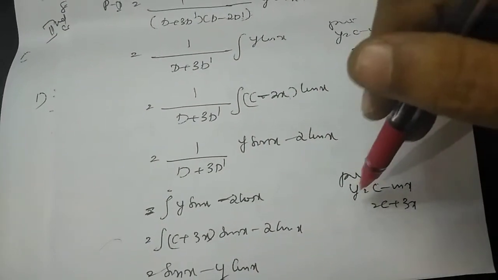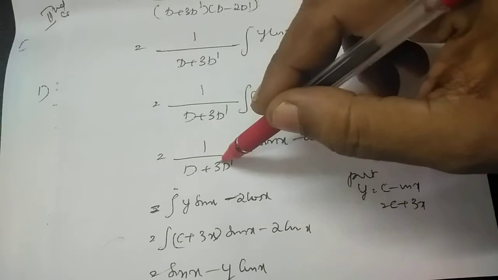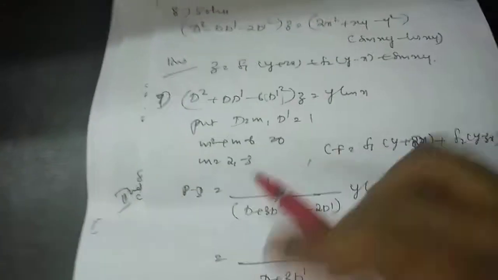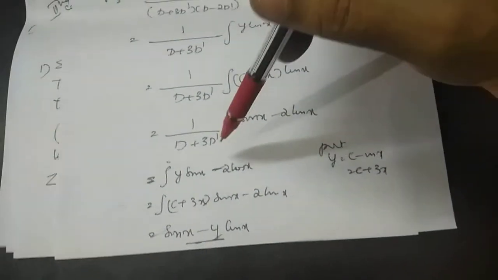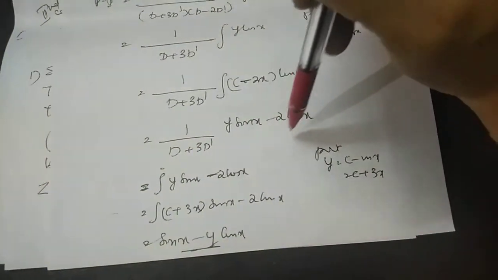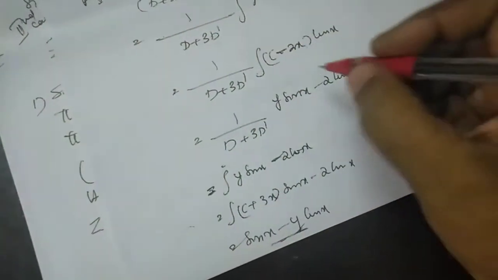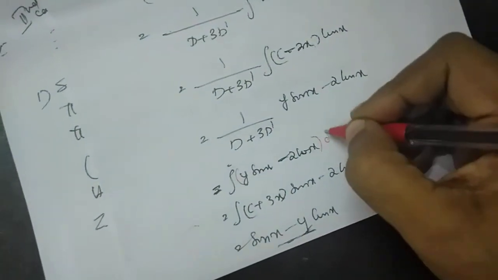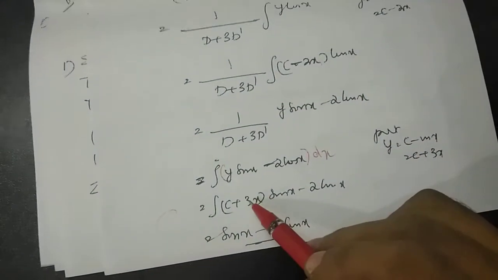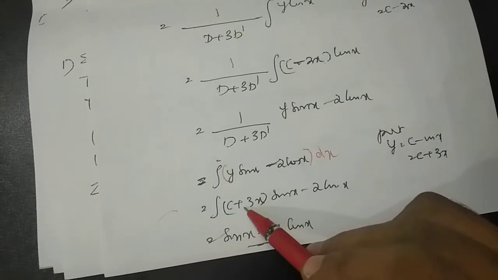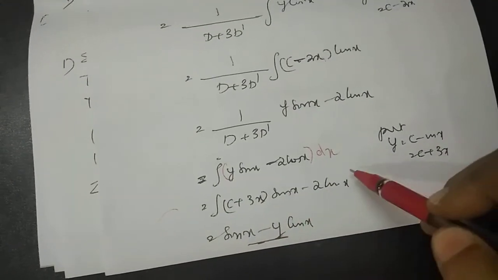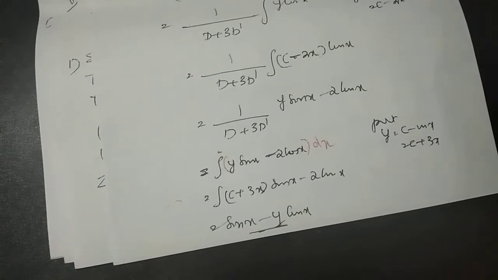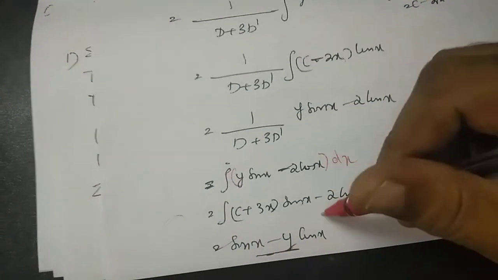Again we put y equal to c minus mx, where m is equal to minus 3, so again integrating with respect to x. Substituting y equal to c plus 3x in sin x minus 2 cos x and integrating, you will get the result. After that you already have the complementary function plus particular integral, and you will get the answer. This is case 4.